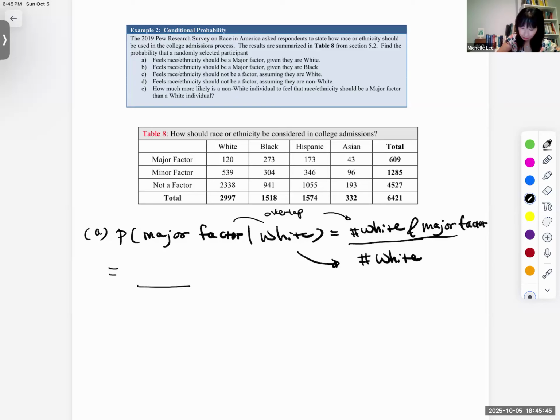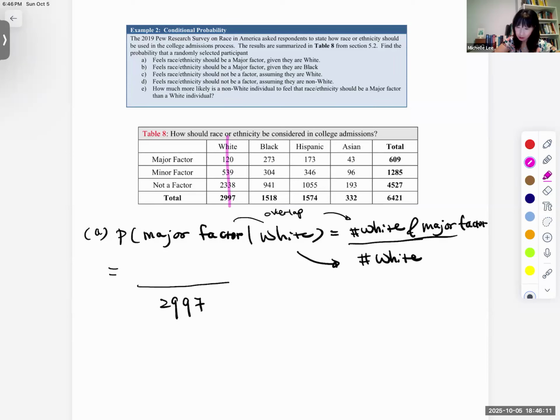Now the white first, denominator first. Here, right? So 2997 there. So 2997 and overlap. So I have to color it. So white there. Then white and major factor.